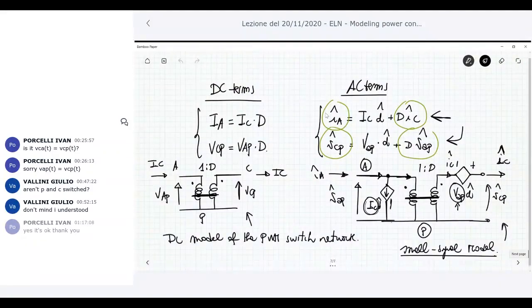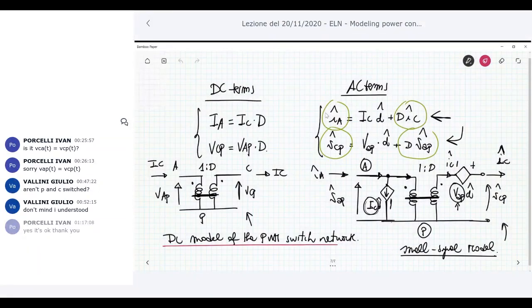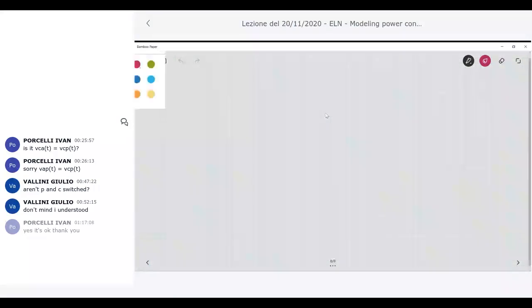Just to give you an example, let's consider, for example, the DC model. Okay, the DC model is here. Let's see if the DC model is working.